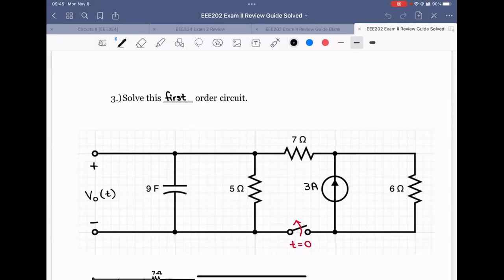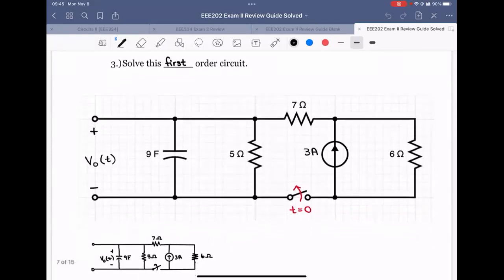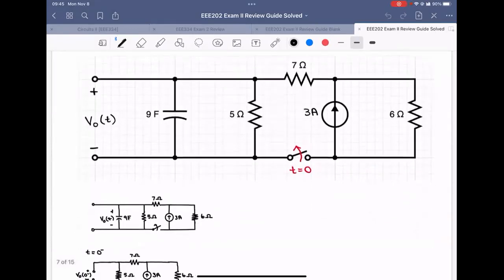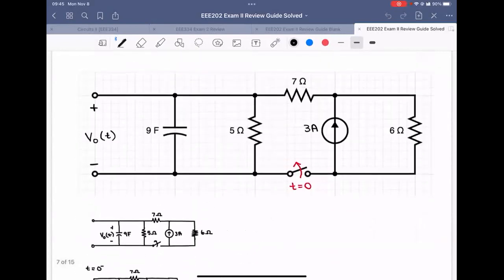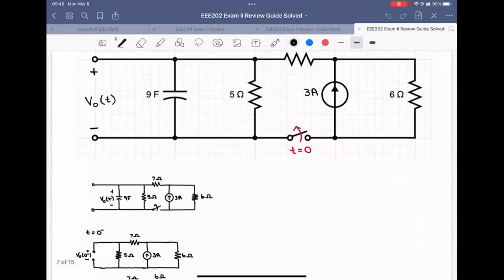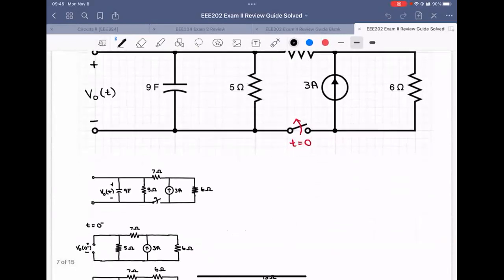We can assume that it's been in steady state. So by doing that, we can change the circuit. So it's 0 minus, the switch, right?